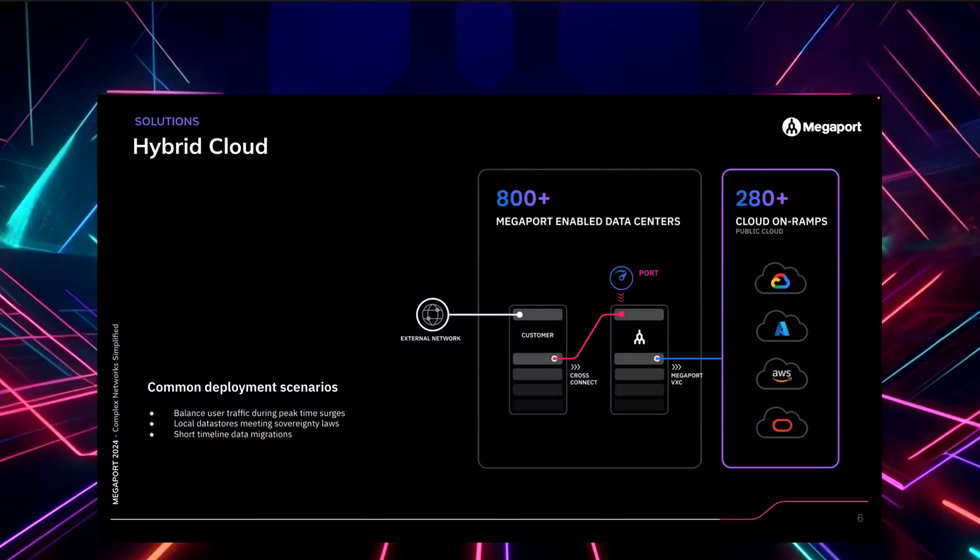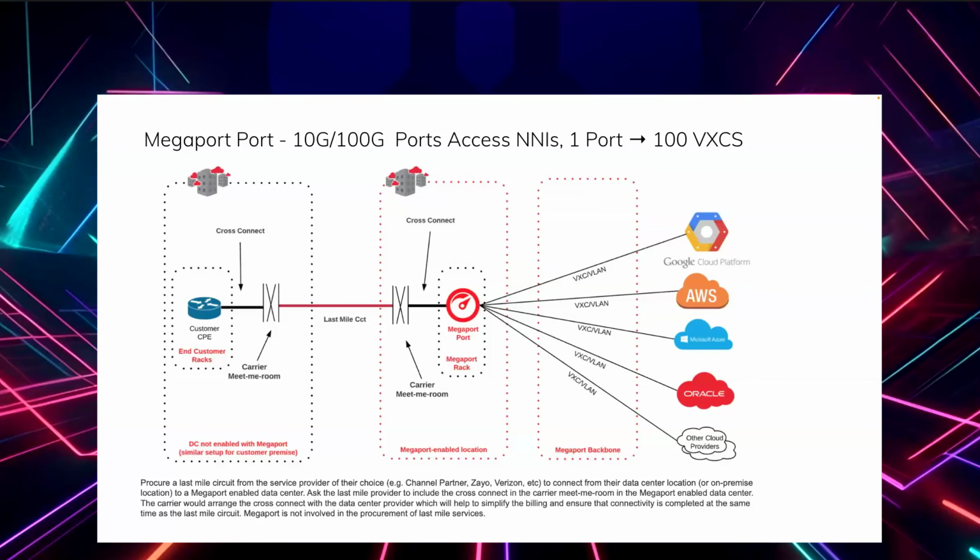So this is what I was referring to with the hybrid cloud, that ability to get a connection to a port from an external network, and it could be a cage in a data center, or it could be a last mile type of circuit. And I think this illustrates it even better, where you have a meet me room from a carrier, maybe at a premises location, then you get a last mile type of fiber, maybe from a Lumen, Zayo, Crown Castle, or Xfinity, or whatever, and then you interconnect to a carrier meet me room.